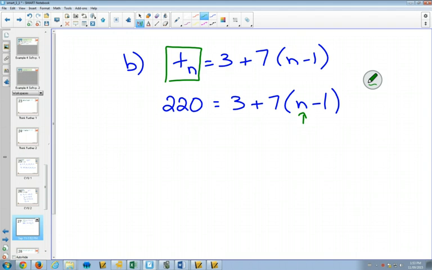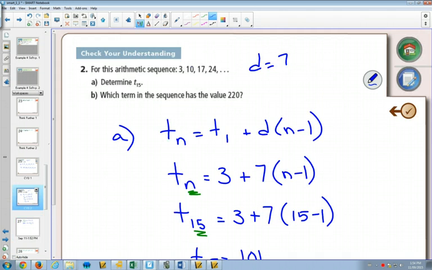So whenever you're told that there is a value, in fact, if we go back to the question and just add our notes to help us remember this, whenever a question is asking which term, they're asking you to find n, because the n value tells you which term. Term n, the n value tells you which term.